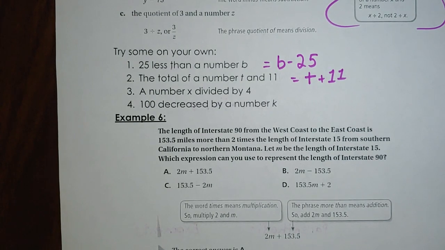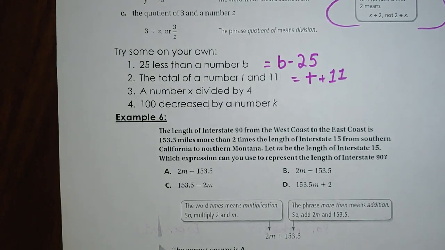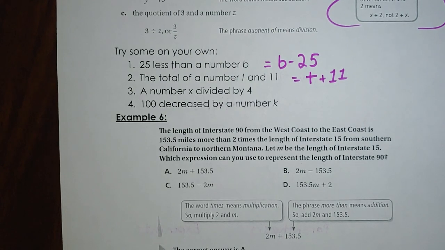And I think that is one of the biggest things that people have a problem with: they want to know what the letter represents. And right now we're just writing the expression. So for b minus 25, it's just b minus 25. That's all we want right now. And then t plus 11, that's all we want right now. And for the number x divided by 4, I've got several people who have it here.